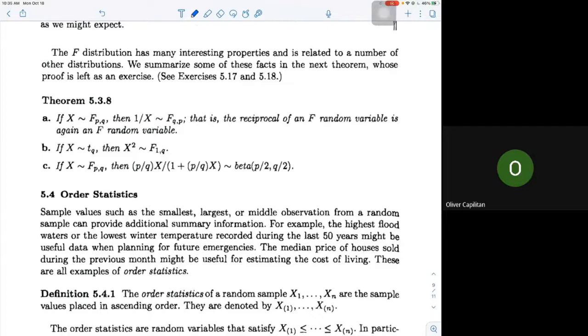So chapter 3, we consider sampling from a normal distribution. Then we were able to determine the properties of the sample mean and the sample variance. The first one, X bar, the sample mean, and the sample variance are independent. We also have the distribution of our sample mean having a normal distribution with mean mu, the same as the mean of our population, but the variance is sigma squared over n.